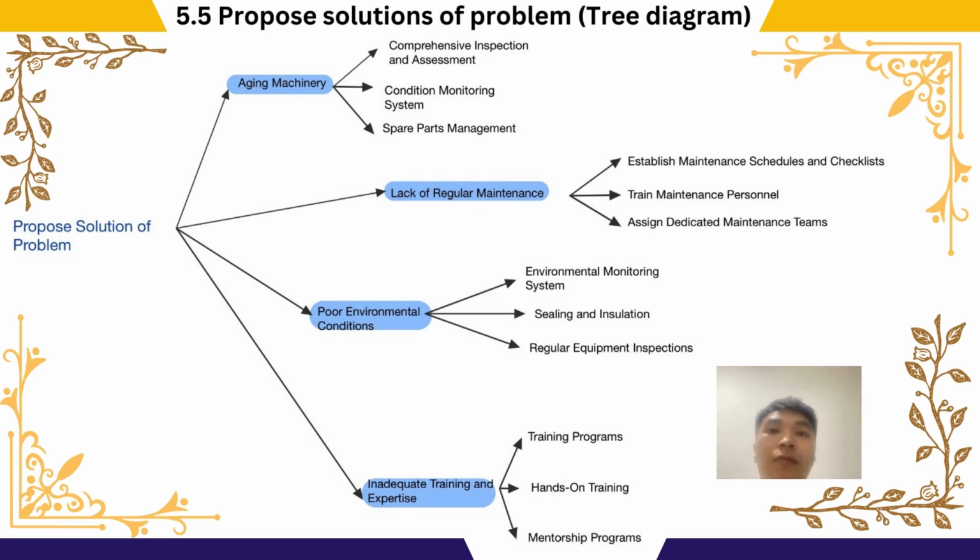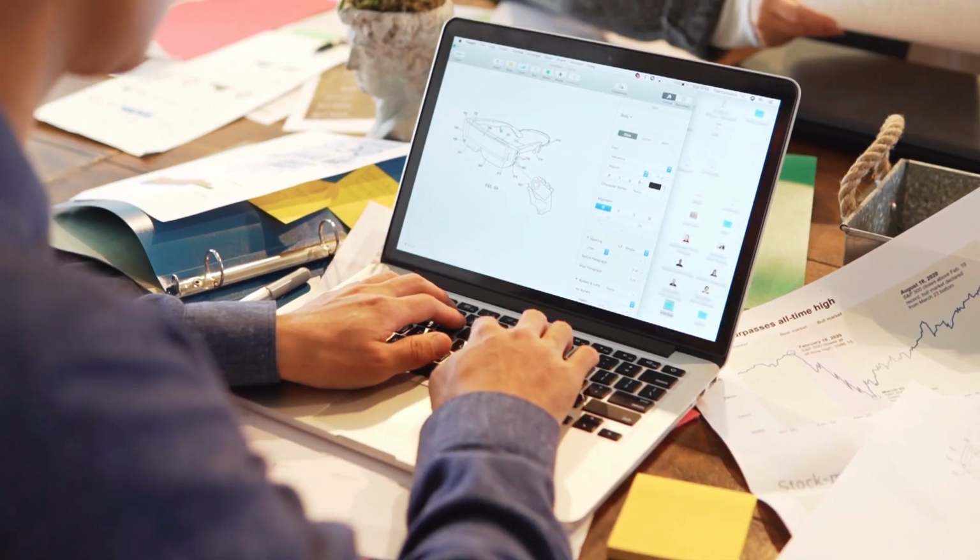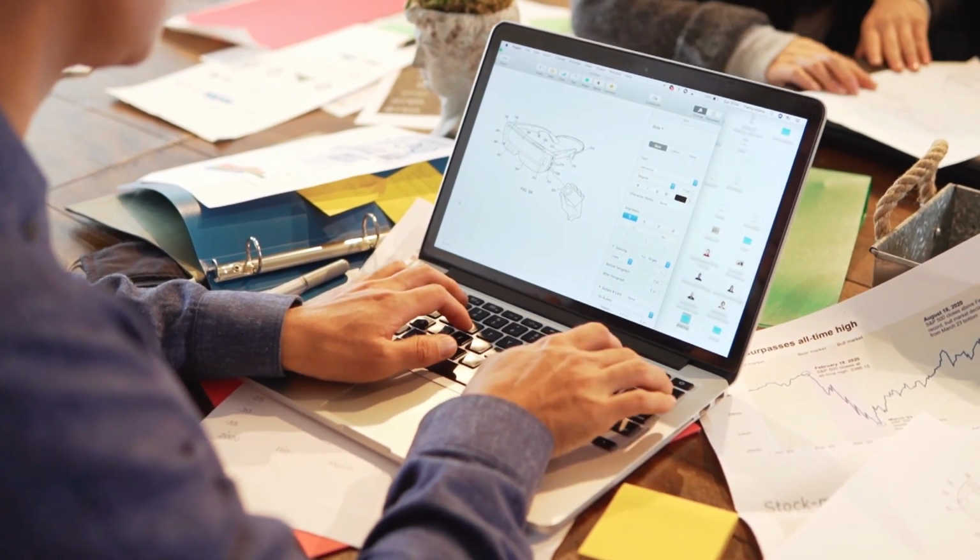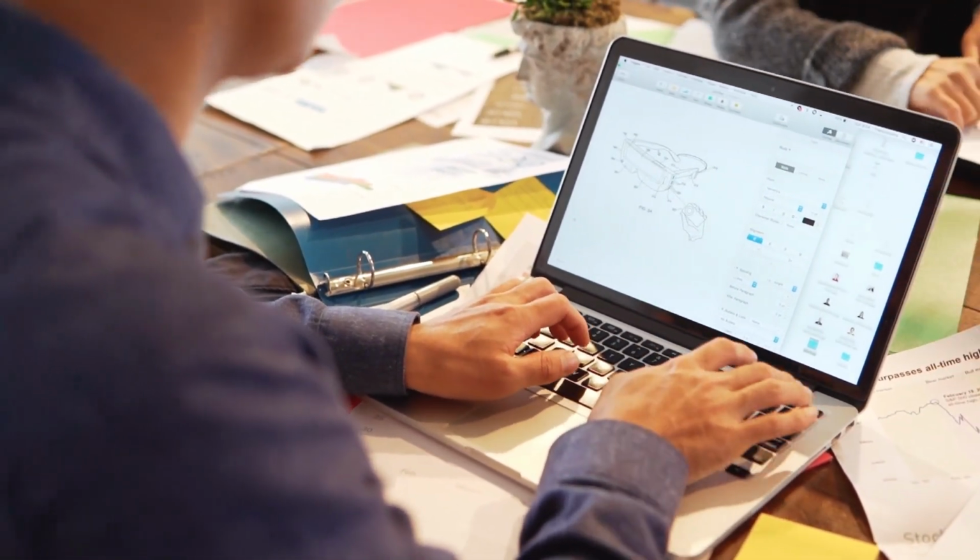Simultaneously, we propose shielding equipment against environmental elements and applying insulation measures to protect it from temperature fluctuations and corrosion. Regular equipment inspection further ensures resilience in adverse operating conditions.